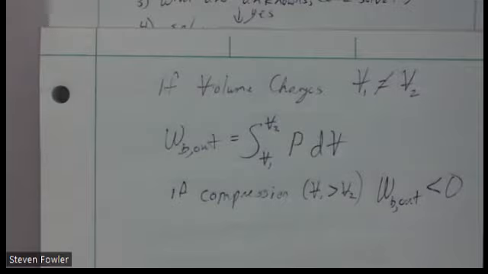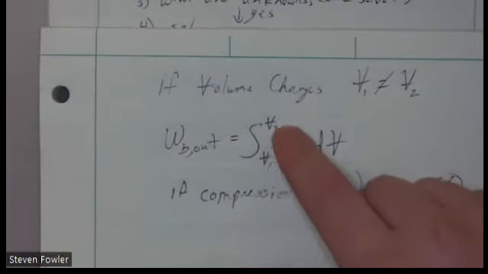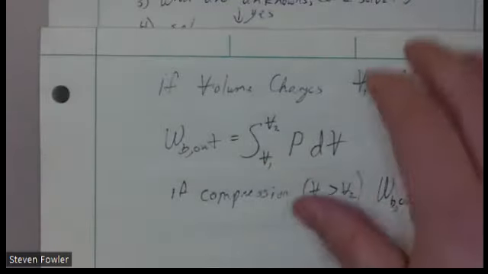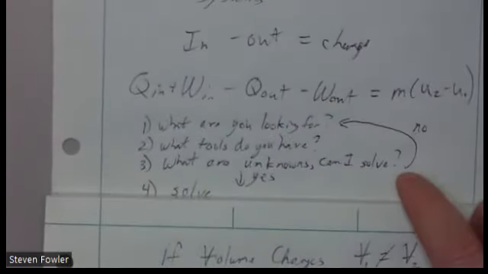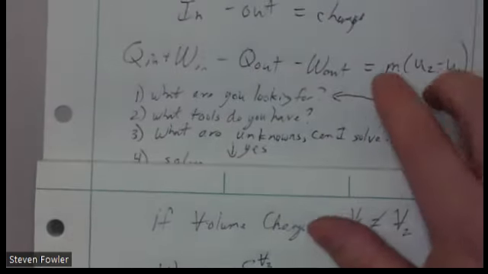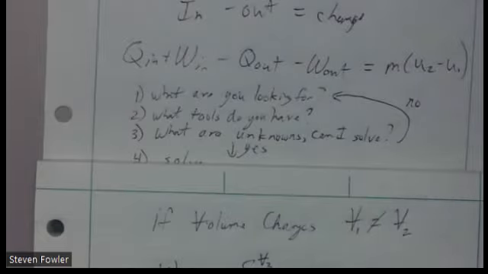So you can either flip the sign on your integral, which means swap these around, or leave it as is, put a negative sign and find the work in, or I leave it as is, and if I get a negative sign, then I make a mental note, okay, it's work in, and then when I plug it into the first law equation, my preference is if I get a negative work out here, I plug it into the work out quantity here, pick up the extra negative sign and cancel out.